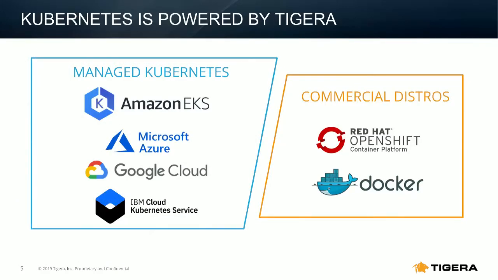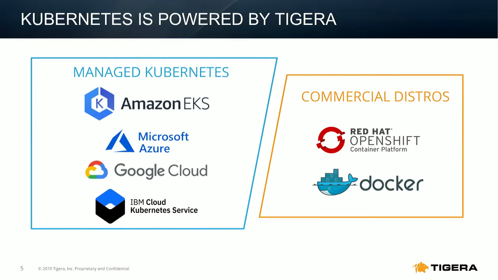Now, it's not just the end users who have been using Tigera products for security. Tigera products have been embraced by all major cloud providers. If you look at the managed Kubernetes offerings, including Amazon EKS, Microsoft Azure, Google GKE, where we'll spend most of the time today, and IBM Kubernetes Service, they all have embraced or have embedded Calico as part of their network security solution.